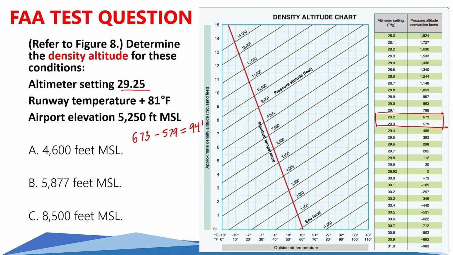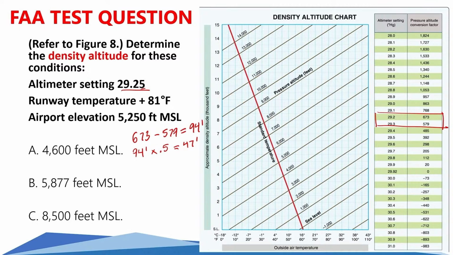Now, what I know is that the 10th spot here is 0.5, so I'm going to take 94 feet and multiply that by 0.5, which is half of that value. And that is going to give me 47 feet, okay, because the altimeter setting is 29.25. So it's halfway in between 29.2 and 29.3. So in this case, half of that value is 47 feet.